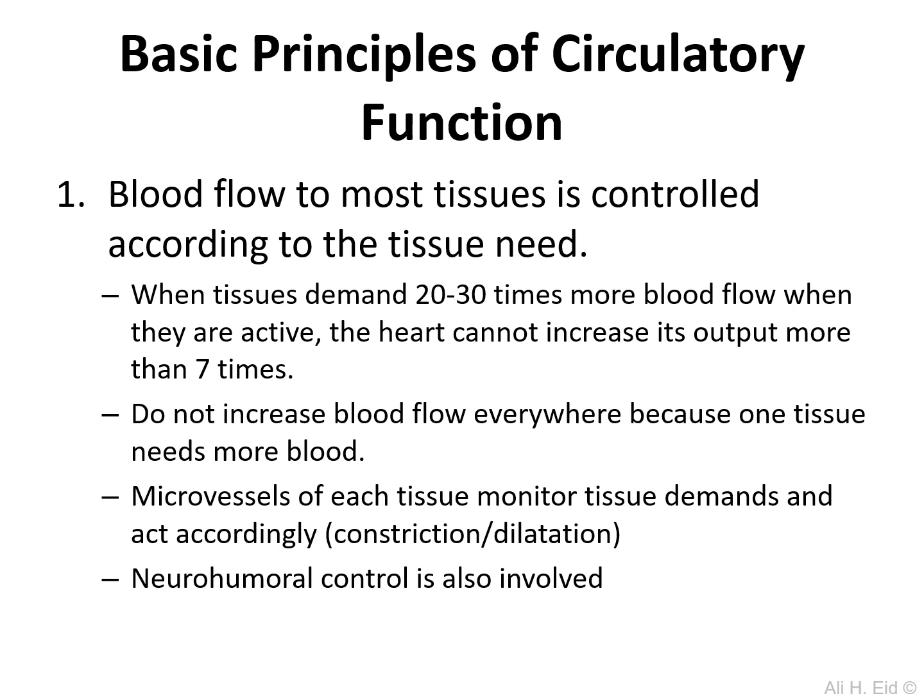Because the far vessels have relatively smaller diameter now that we've constricted them, blood is going to be rerouted from those far organs or tissues to the tissue that is in more need of these nutrients and oxygen. Obviously, this is also assisted by neural controls and endocrine control. So neurohumoral control is also involved.